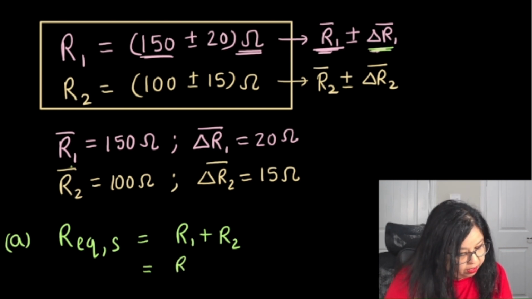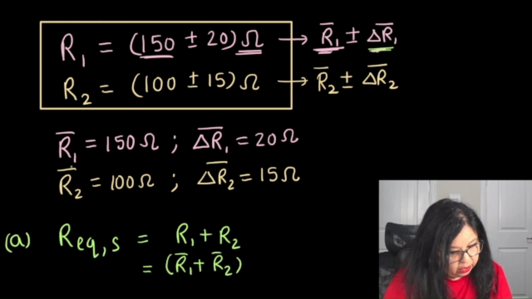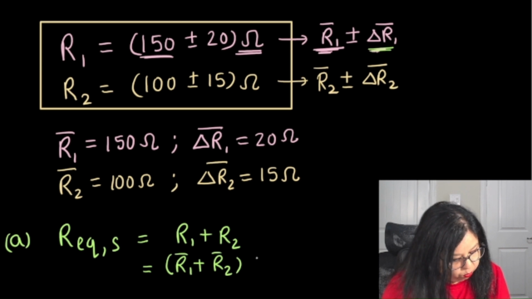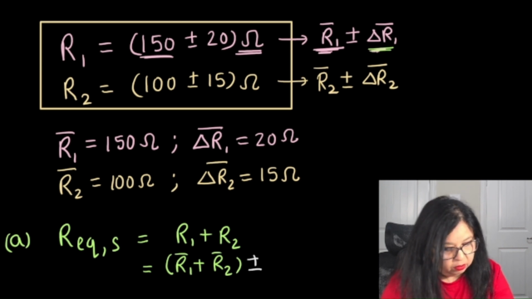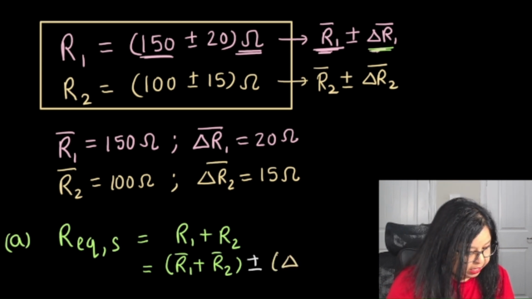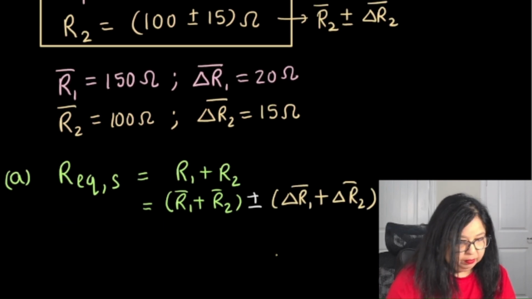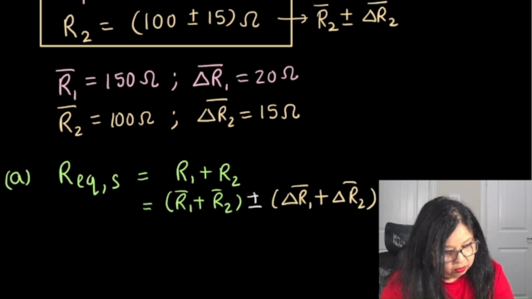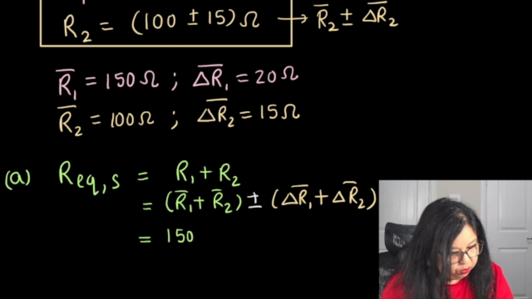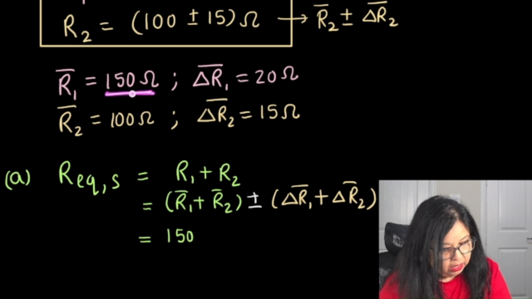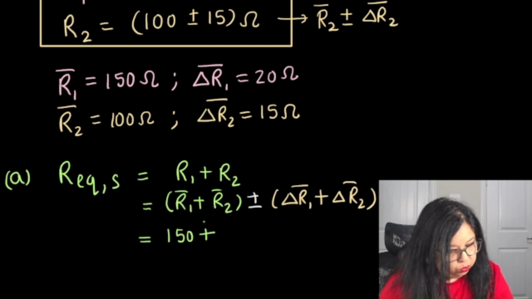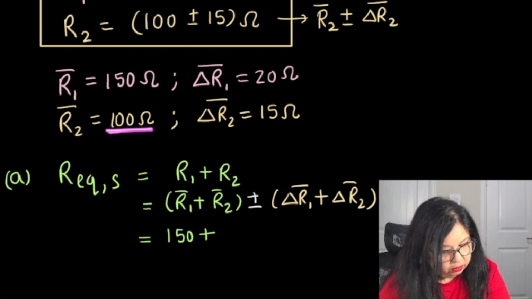This is going to be simply R1 bar plus R2 bar. And then we're going to have here plus minus delta R1 bar plus delta R2 bar. Okay, what is the value of R1 bar? 150 ohms. It's right here. Plus R2 bar, 100.